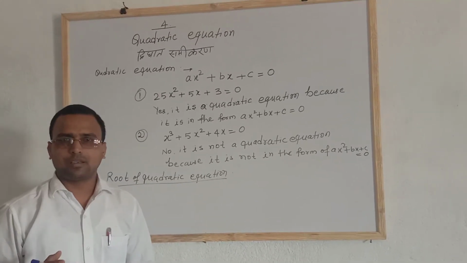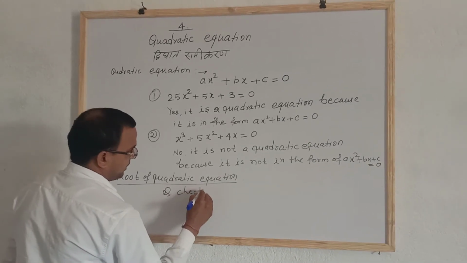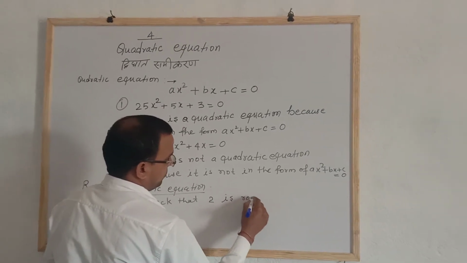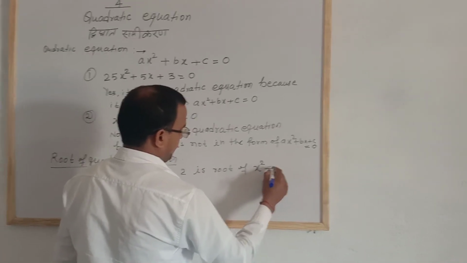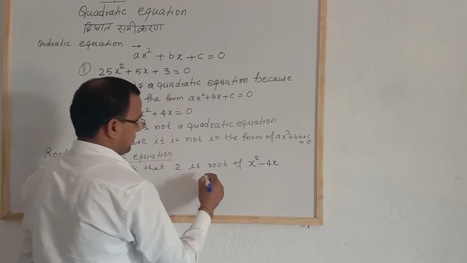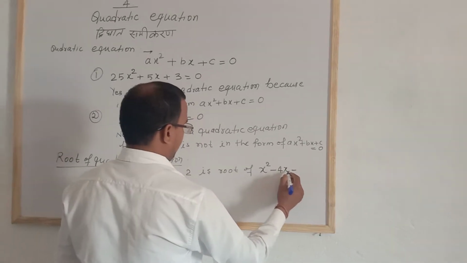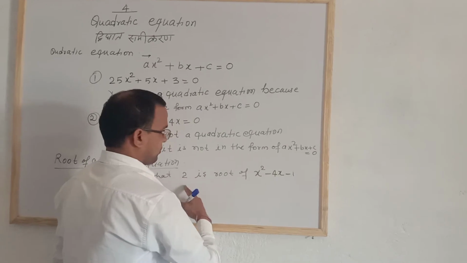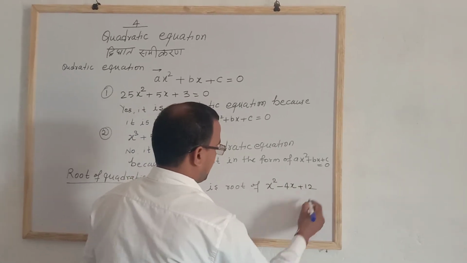Suppose that we have to check, question is: check that 2 is root of x square minus 4x plus 12 equal to 0.